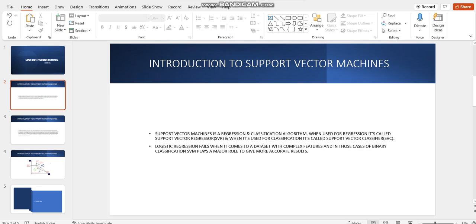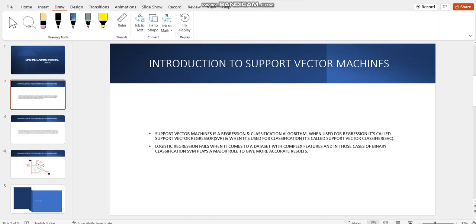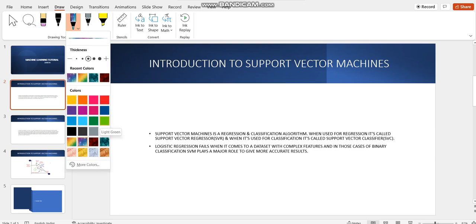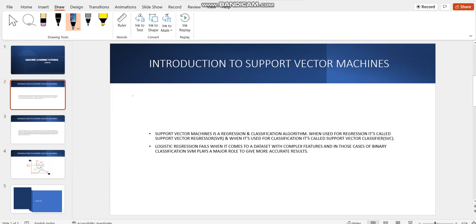When used for regression, it is called support vector regression, that is SVR. And when it is used for classification, it is called support vector classifier, that is SVC.